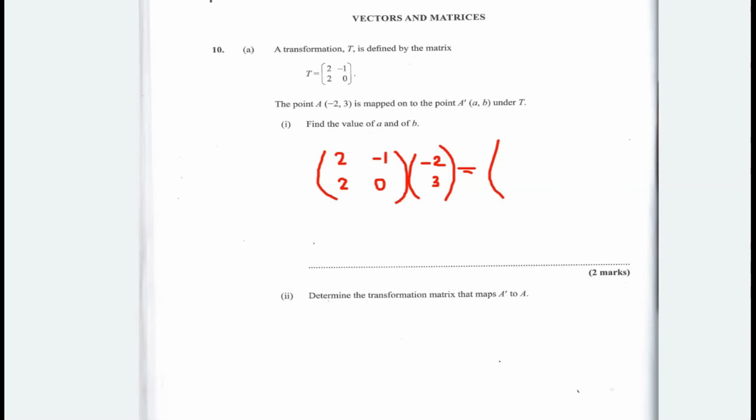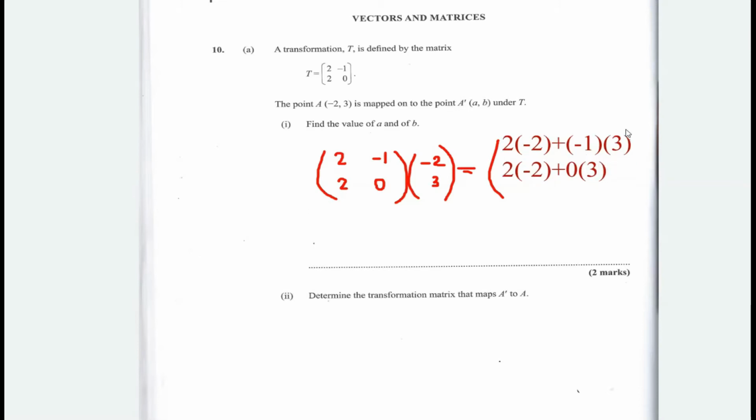That is going to be 2 times negative 2 plus minus 1 times 3. And then down here, row by column, which is 2 times negative 2 plus 0 times 3.